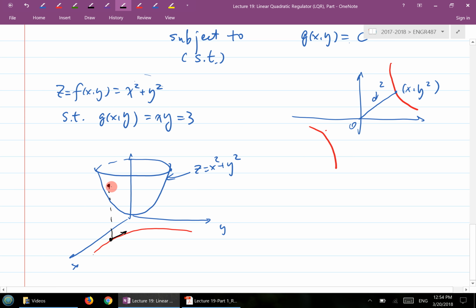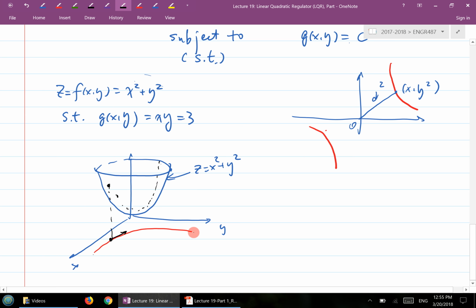As this dot moves along xy equal to 3, the dot here will move along the surface z equal to x squared plus y squared. That makes sense? So there will be a curve traced out as this point moves along xy equal to 3.